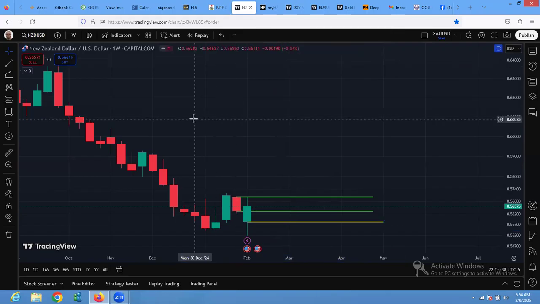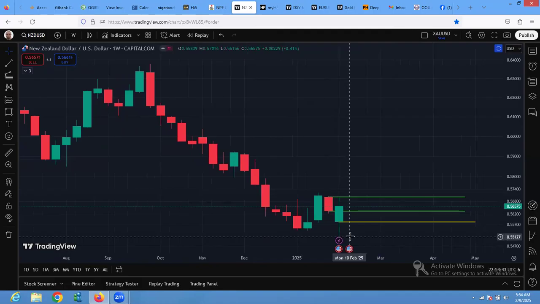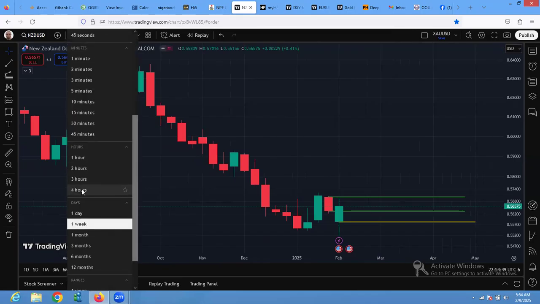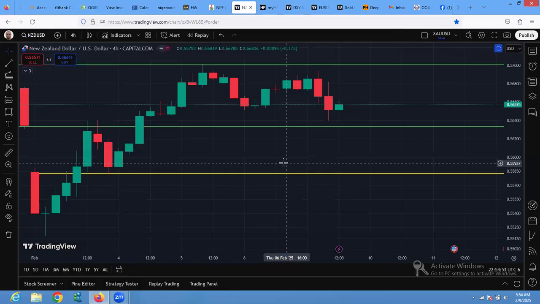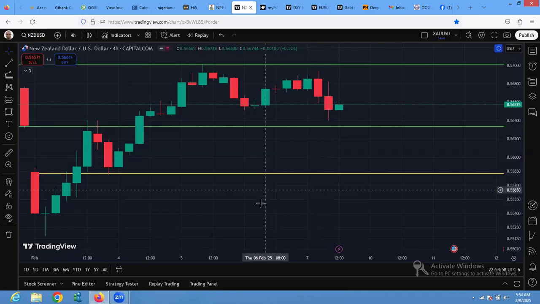We should expect reaction between that area. We don't want to break low for now. So all we can apply ourselves is to look for a correction. We need to see a correction. We need to see this as a possible correction to the downside.